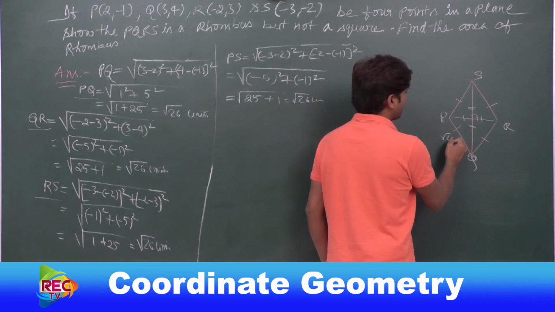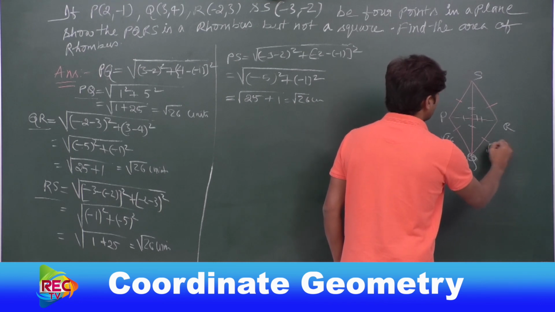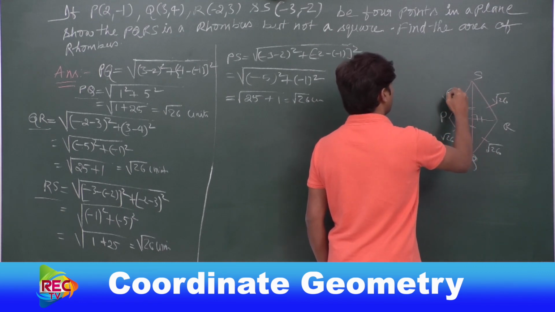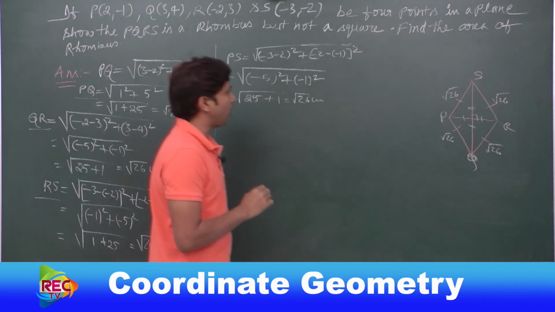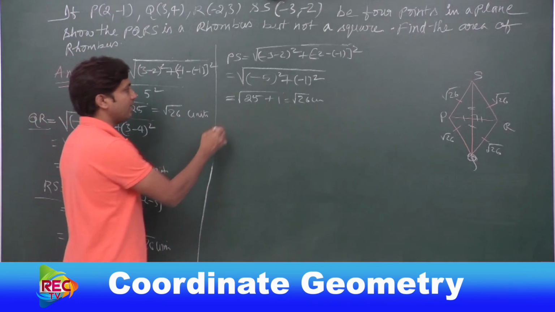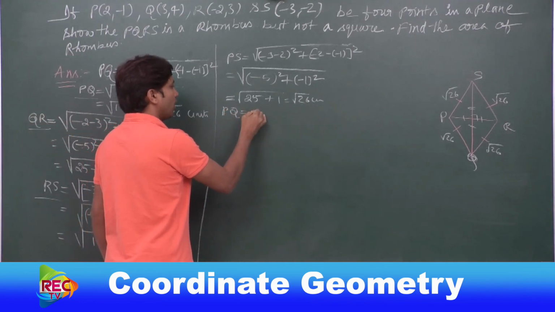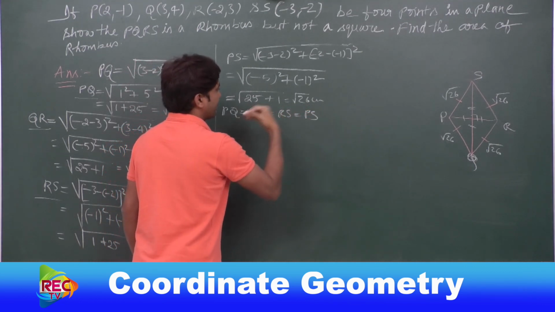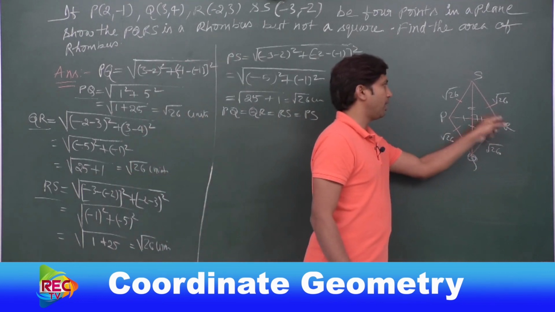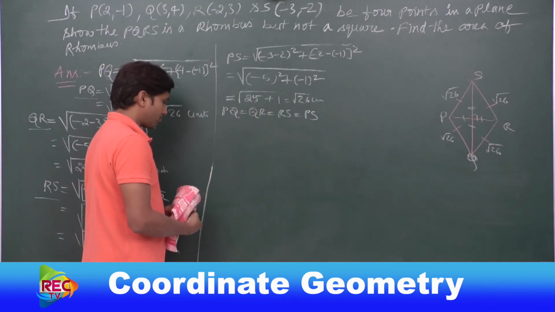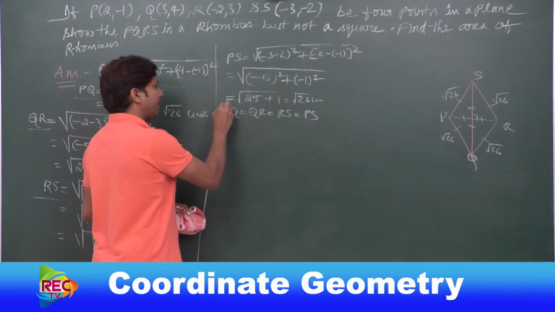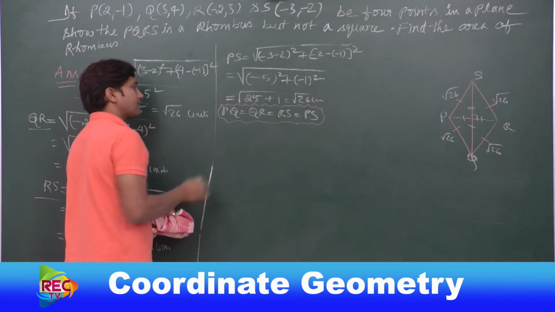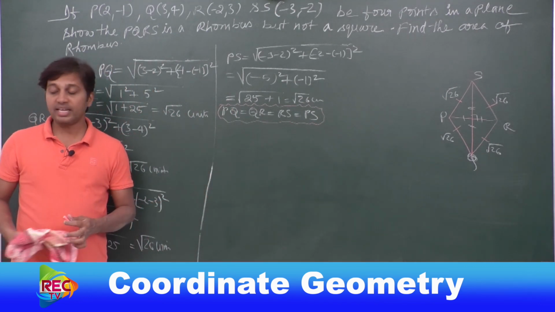So PQ equals QR equals RS equals PS. Got it or not? So this is the first property we have shown. That means we have now shown that all the sides are equal.